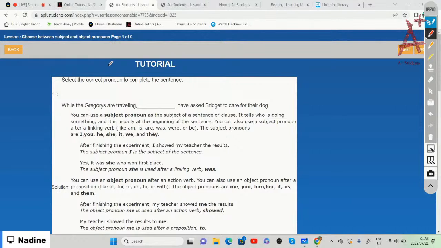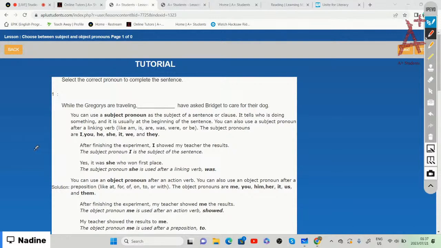And the subject pronouns are I, you, he, she, it, we, and they, right? So the subject pronouns we can also use after the linking verbs. For example, I am, he is, we are, they are. That is just an example, right?